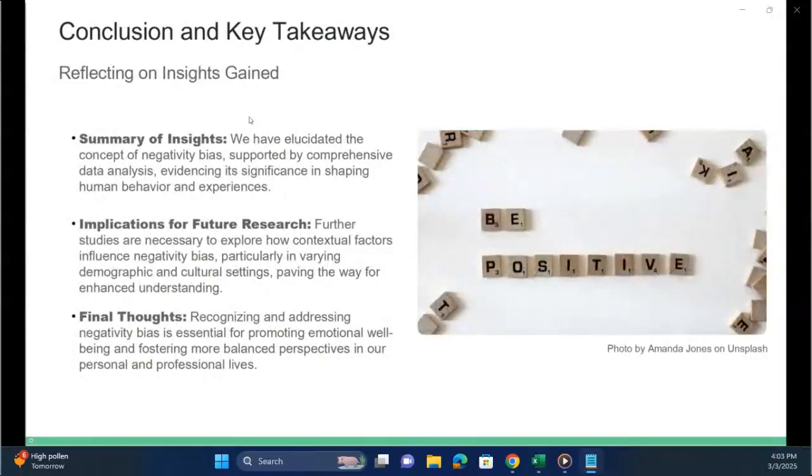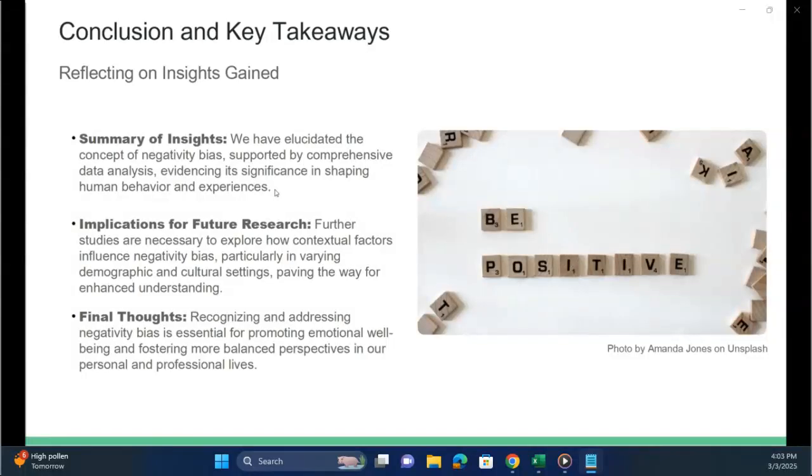And so some key takeaways are that we will have elucidated the concept of negativity bias, and it will be supported by comprehensive data analysis, and it will evidence its significance in shaping human behavior and experiences.